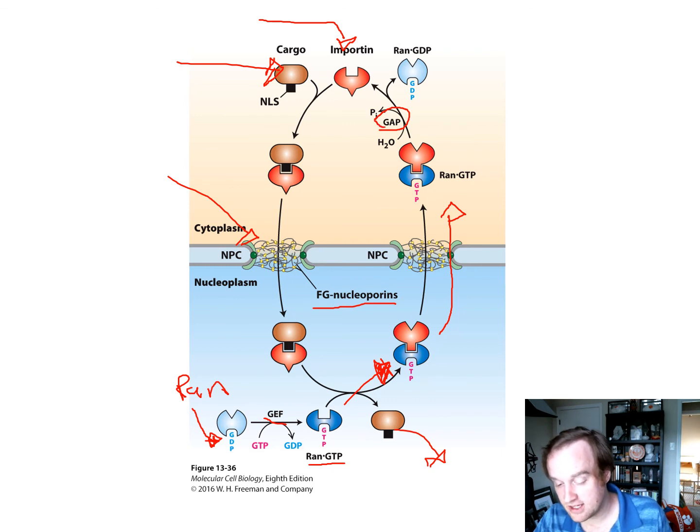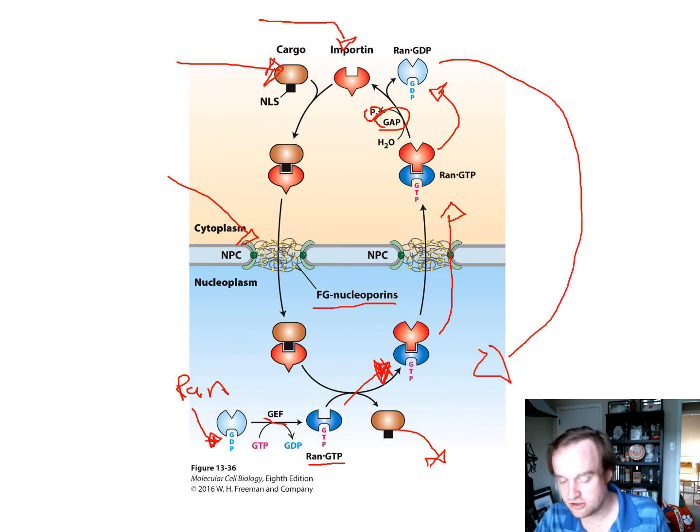And what that does is it releases this phosphate group and it converts RAN back to a GDP. And we're not showing there's also a mechanism to bring RAN GDP in to the nucleus, which isn't shown here. But importin is now free to continue the cycle, and RAN GDP will go into the nucleus, be converted again, etc. So there's kind of two cycles, but we're looking at only one at this point.